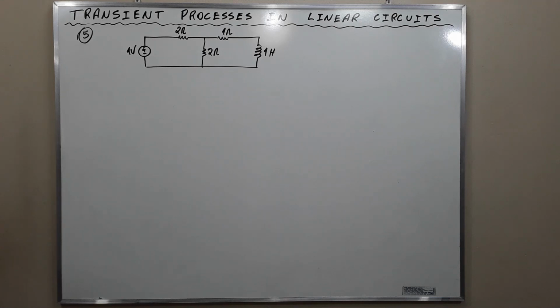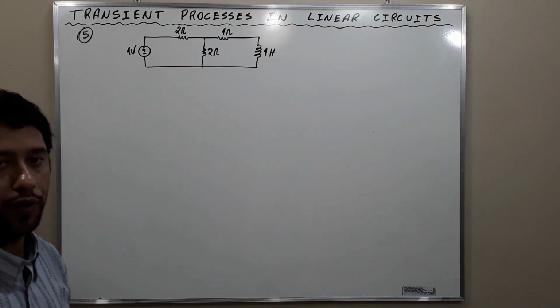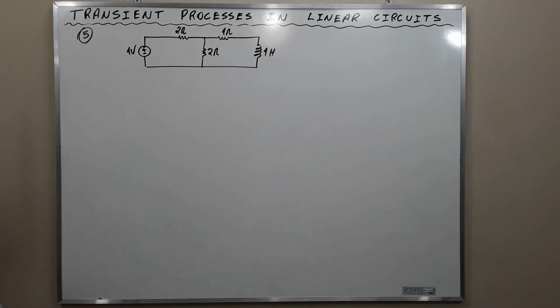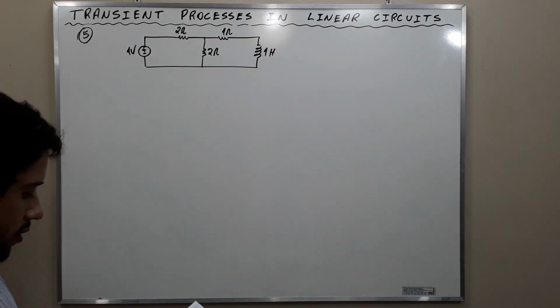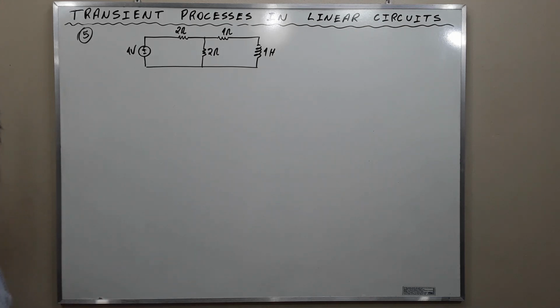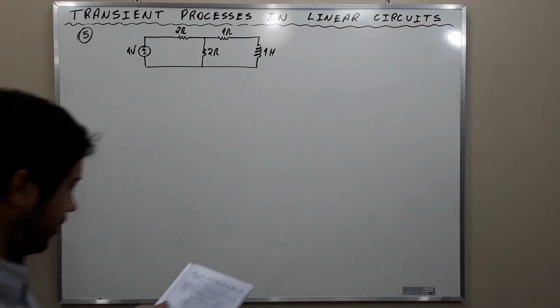This is a possible solution that I'm going to present to you. We are going to use Thevenin's equivalent circuit. Thevenin's equivalent circuit is composed of the open circuit voltage and the equivalent resistance. Let's calculate the open circuit voltage first.